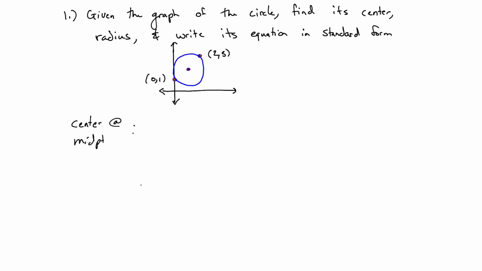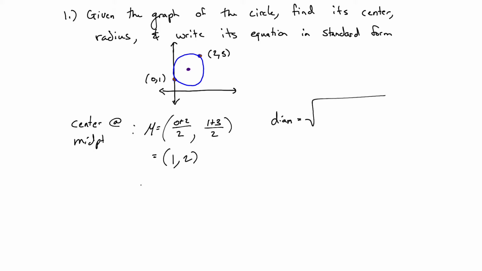So m is the average of the x-coordinates, (0 + 2)/2, and the average of the y-coordinates, (1 + 3)/2, which ends up being 1 comma 2. Then we have to find the diameter, which is equal to the square root. We're going to use the distance formula to compute the distance between these 2 points.